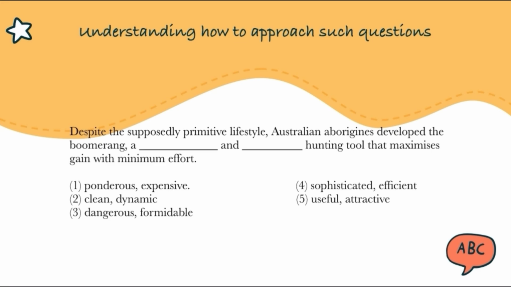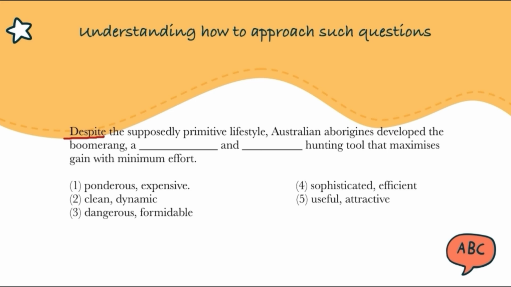Let's have an example. In this example, it says, despite the supposedly primitive lifestyle, Australian Aborigines developed the boomerang, a dash and a dash hunting tool that maximizes gain with minimum effort. Now, talking about this particular question, see here, there is a word used, despite.